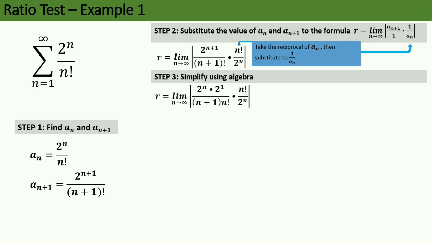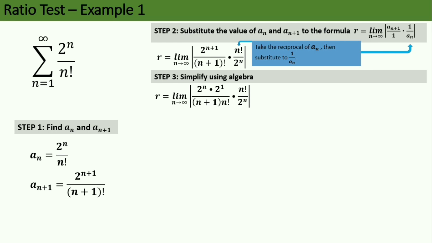So diri atong ibulag-bulag nato ang mga term no para maka-cancel ta. Since ato ang 2 to the power of n plus 1 no, atong gibulag siya para ma-cancel out nato si 2 to the power of n sa denominator. So using the exponential rule no, we come up with 2 to the power of n multiplied by 2 to the power of 1 or 2 na siya.